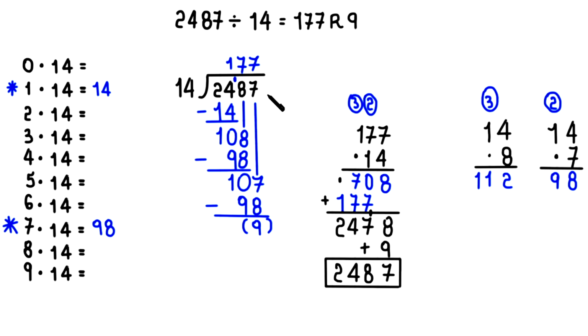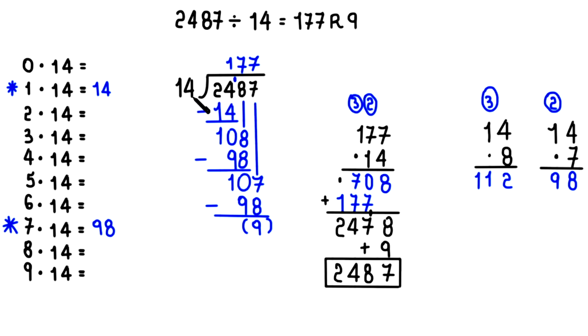In what kind of situation would we divide 2,487 by 14 and find the quotient and remainder? Can you think of a situation in which that division would be useful? When you're at a party and there are a lot of candies, but there are 14 people, you have to divide them equally.